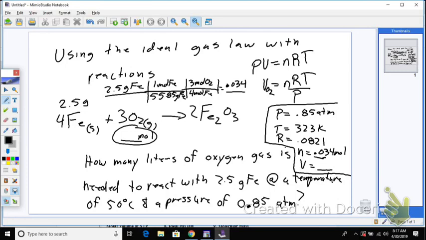So I just plug my numbers in like I always do. This is connecting ideas with the ideal gas law and reactions. So then I just plug all my numbers in and I should get my answer.